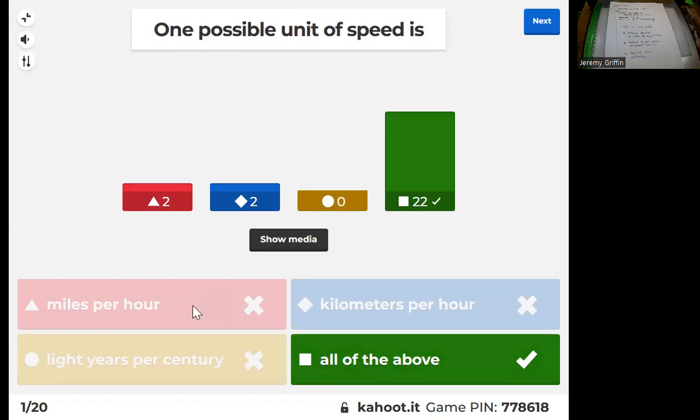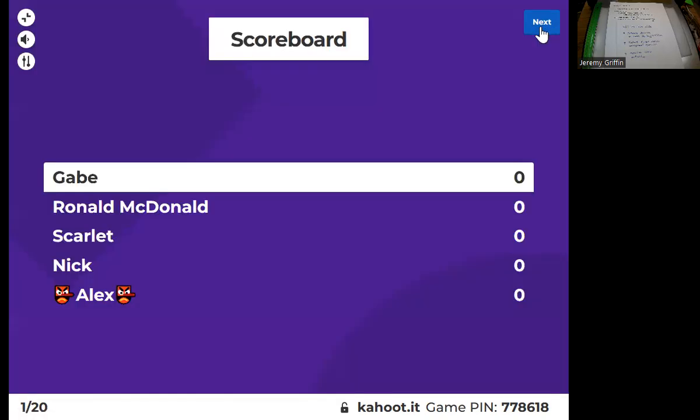Since we're Americans, we're obviously familiar with miles per hour, but kilometers per hour is often used for highway traffic in other countries. Even light years per century checks out, because if you've got some kind of distance per unit time, anything in distance per time can describe a speed or a velocity. And in this class, most often we'll use meters per second. Your speed sensors the other day were using meters per second.